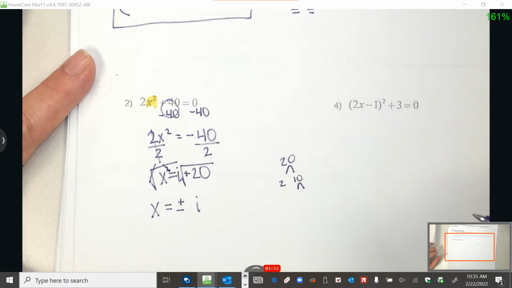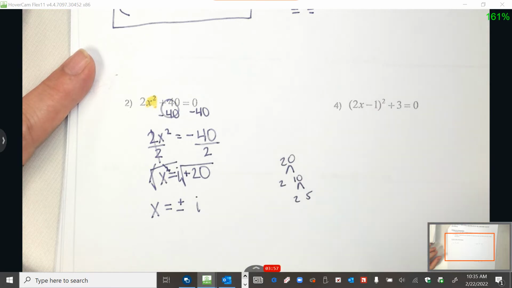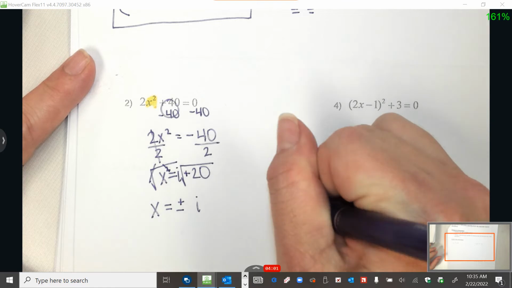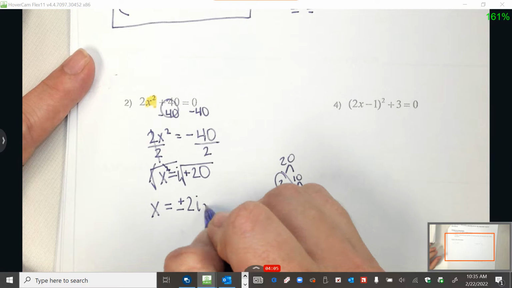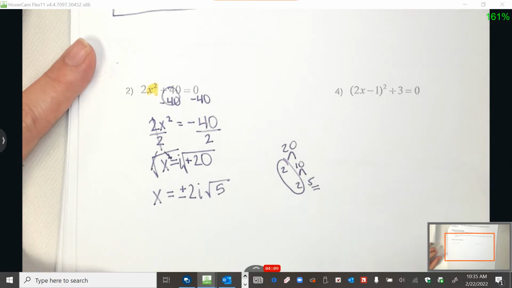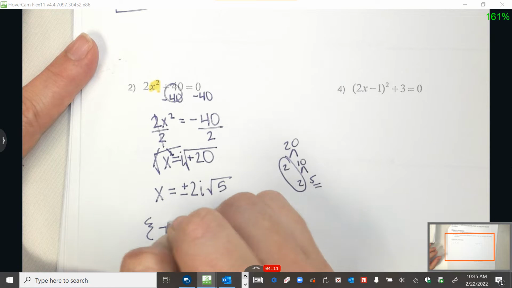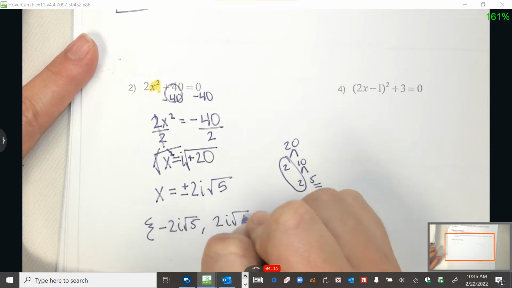What goes into 10? Okay, so what do I take out? The 2, because that's the pair. And what stays in the house? So I get negative 2i square root of 5, positive 2i square root of 5.